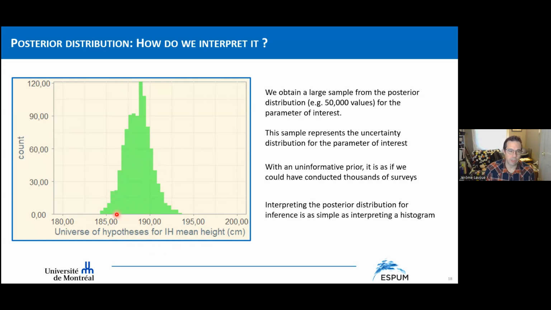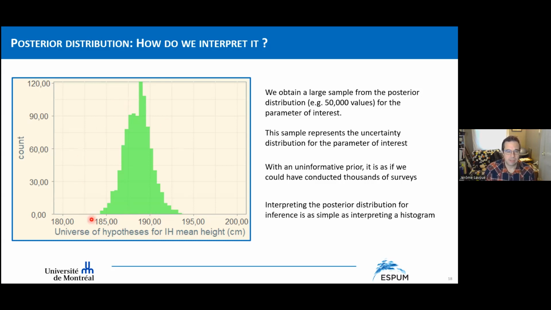But if we drew a confidence interval, it would probably be between 187 and 194 or something. So we would say that we estimate the mean of male industrial hygienists to be around 195 centimeters, but the true value is very likely to be between 186 and 194 approximately. So, as we did yesterday.